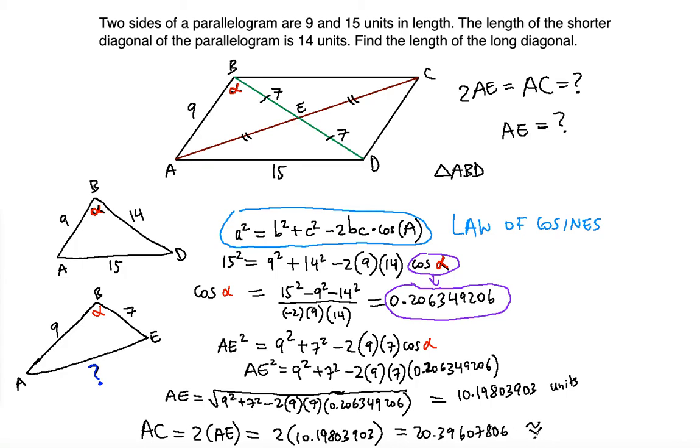Rounding to the nearest tenth, that's 20.4 units. So this is the final answer, the length of AC, the long diagonal.